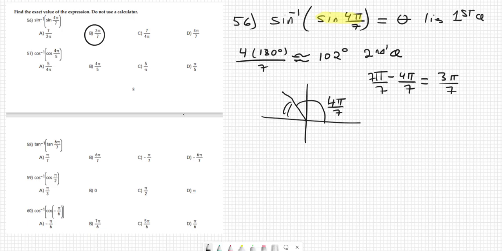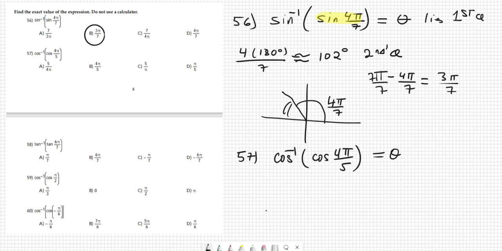Let me try 57. Well, it is cosine inverse of cosine of 4 pi over 5. Similar: the angle is the answer, right? Where does 4 pi over 5 lie?